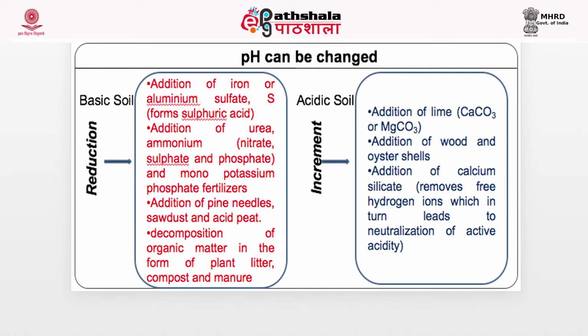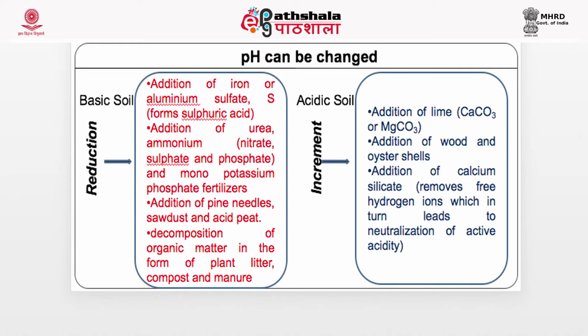Now this pH can also be changed depending upon whether the soil is basic or acidic. If you have basic soils, then their pH can be reduced by addition of iron or aluminium sulfates as well as sulfur in the form of sulfuric acid.